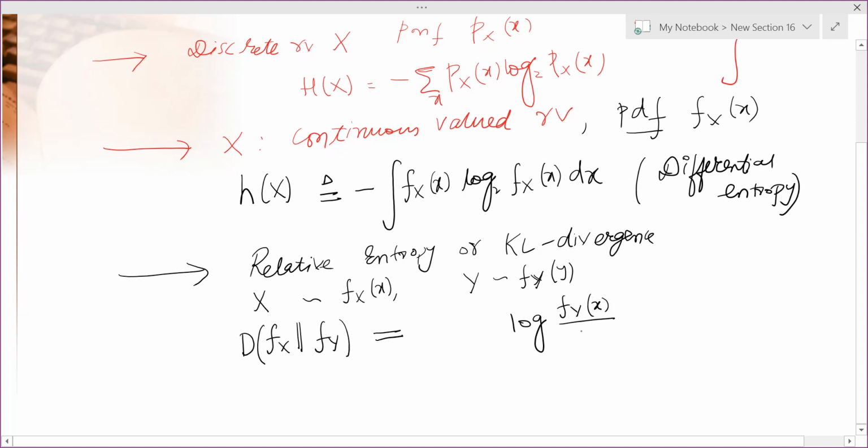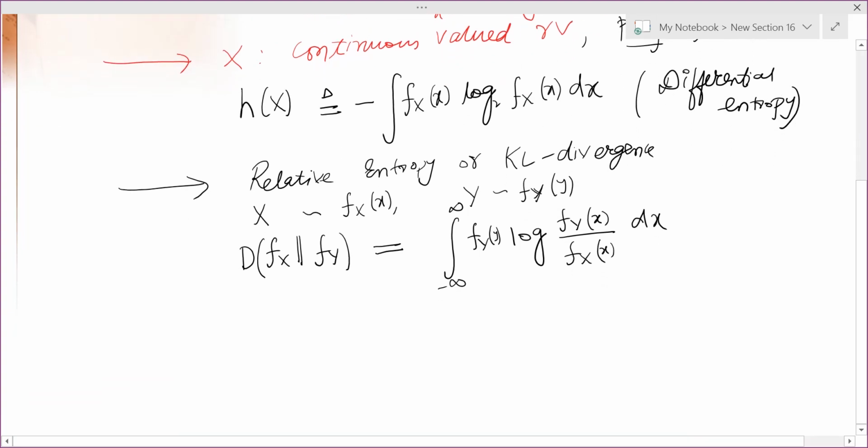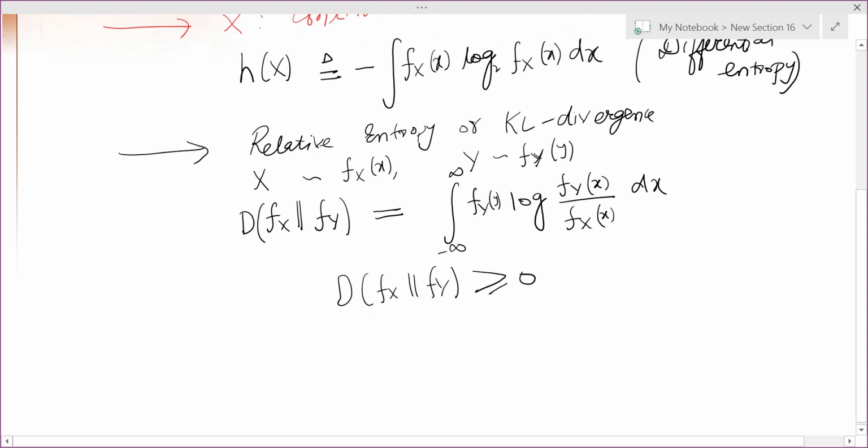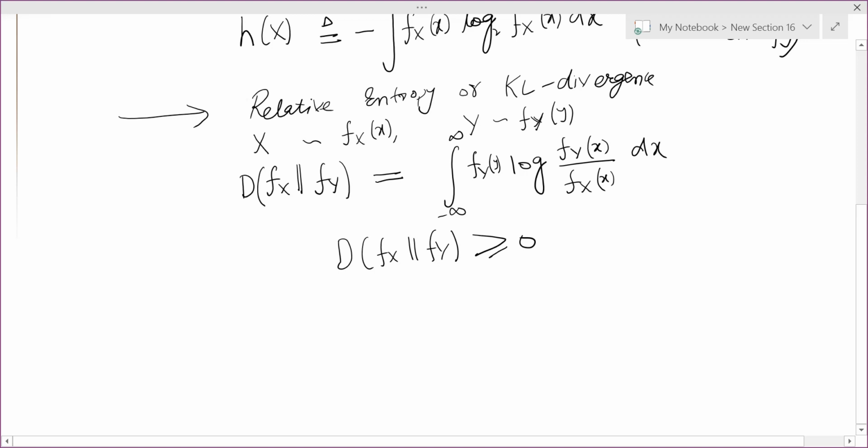This is just a dummy variable, fx of x over fy of x, and instead of summation there will be an integral, dx. So we know that this relative entropy is always non-negative. This result we have in fact proved. We can prove it in a similar way, so there is no difference at all.